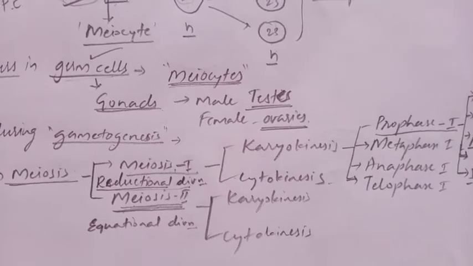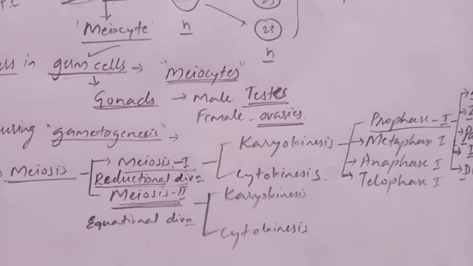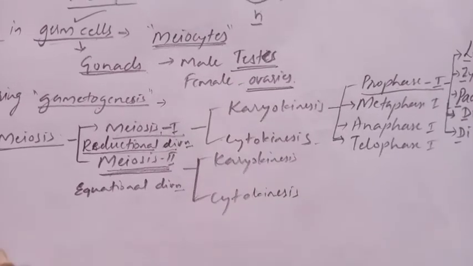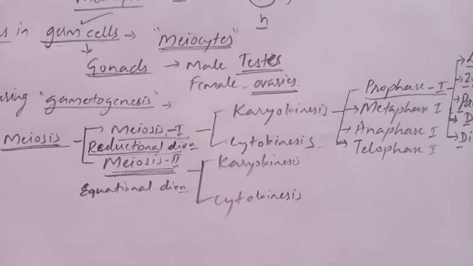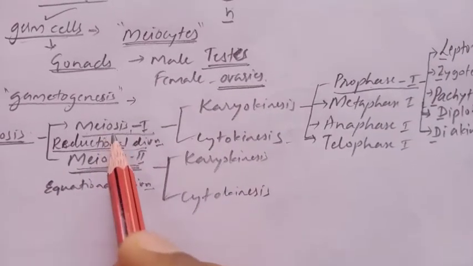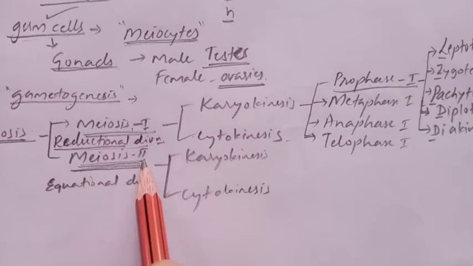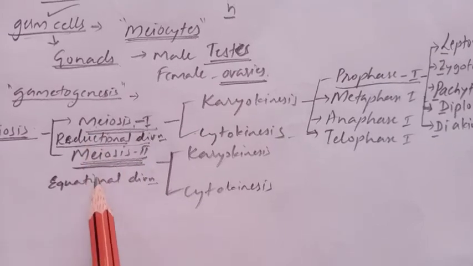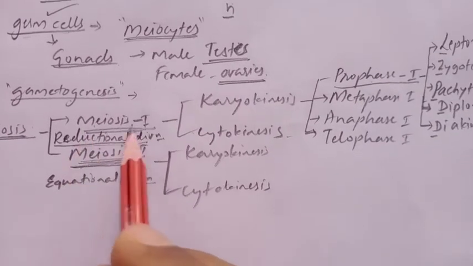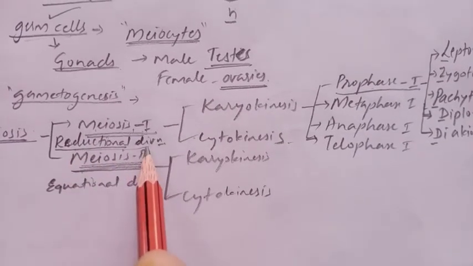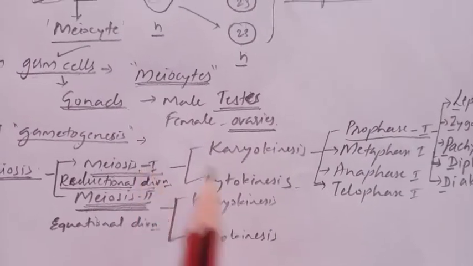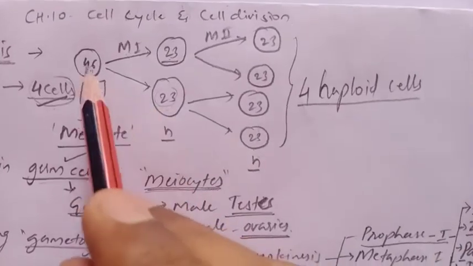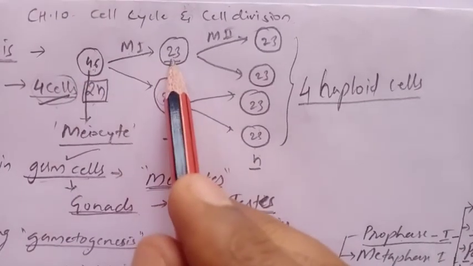So dear students, you can practice this flow chart, the steps involved in meiosis. The steps involved in meiosis are meiosis first and meiosis 2. And a very important thing is, meiosis first is a reductional cell division, because according to this chart, 46 chromosomes are reduced to 23.